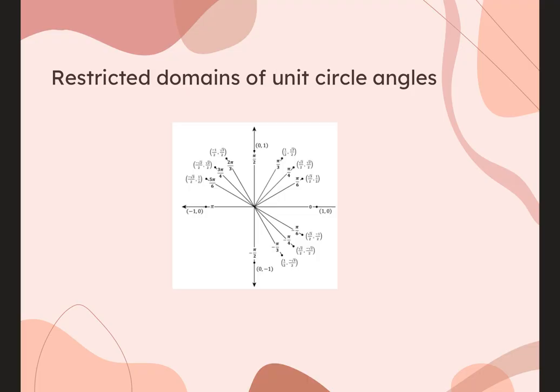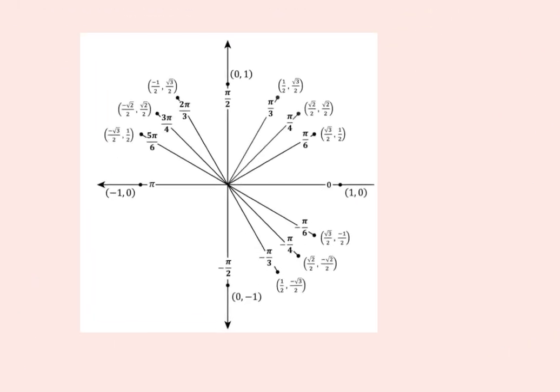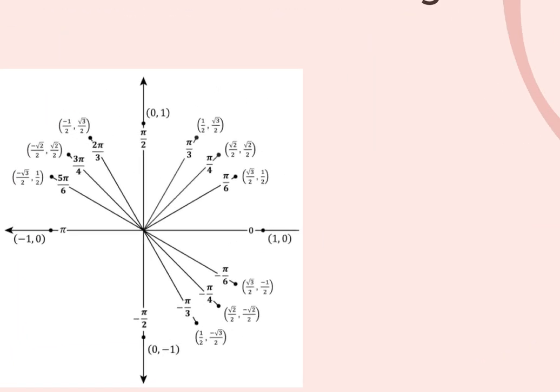Okay, so now we have to talk about the restricted domains on our unit circle. We've got restricted domains on our curves and restricted domains on our unit circle. They are the same restrictions, but obviously they look different when you plot them this way. If you are asked to find sine inverse of -1/2, let's say, and you use your full unit circle, if there's no restriction, how many answers are there? 2.